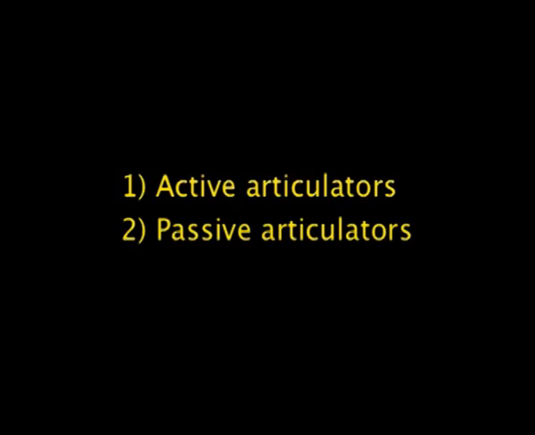In the production of speech sounds, there are two types of articulators that are important. First, active articulators, second, passive articulators. Depending on how these active and passive articulators make the friction for the air, the category of the sound gets decided.